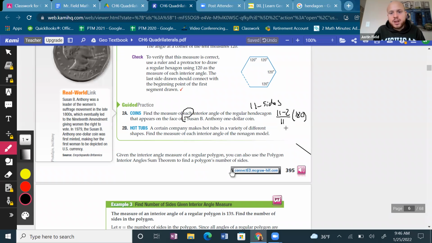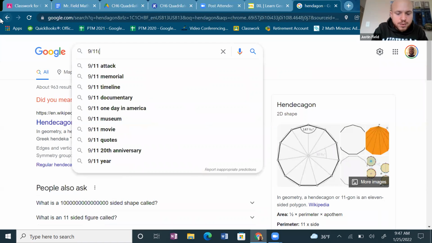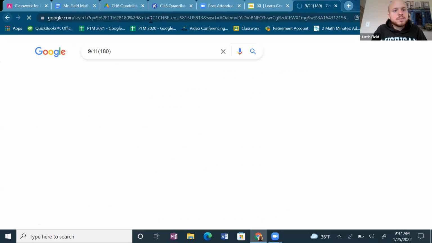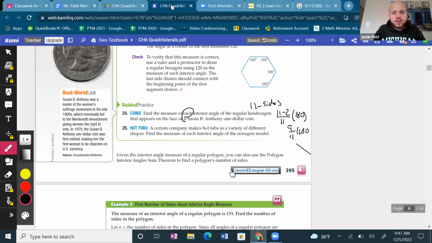So it's going to be 9/11 times 180. Well, let's figure out what that is. 9/11 times 180. 147.27. So that's the answer. 147.27 degrees. Each angle in a Susan B. Anthony.